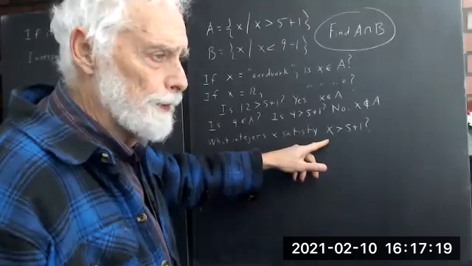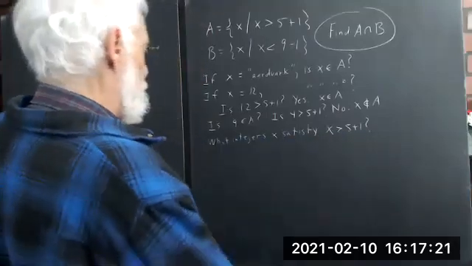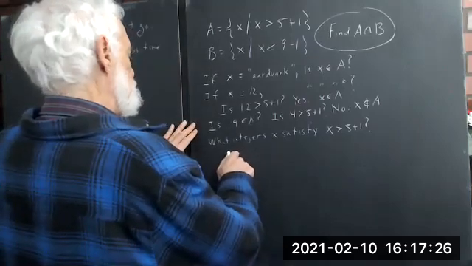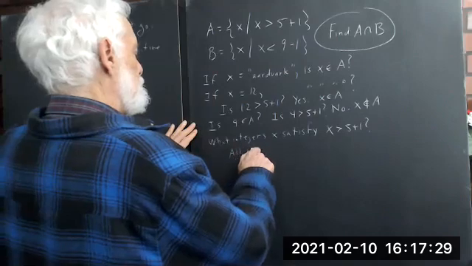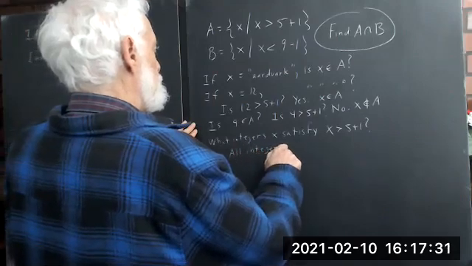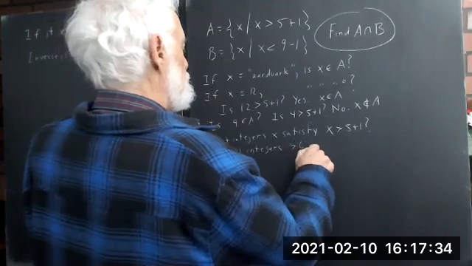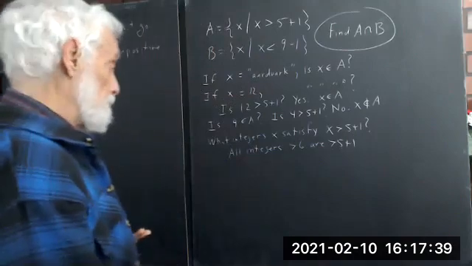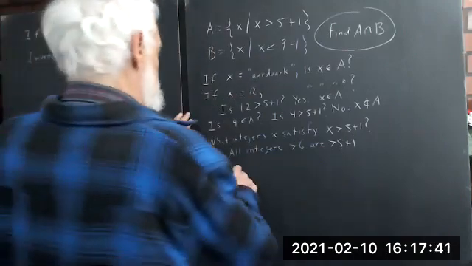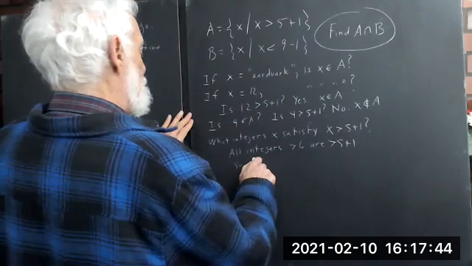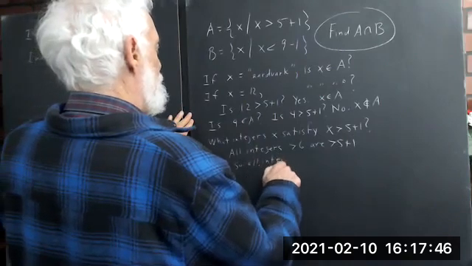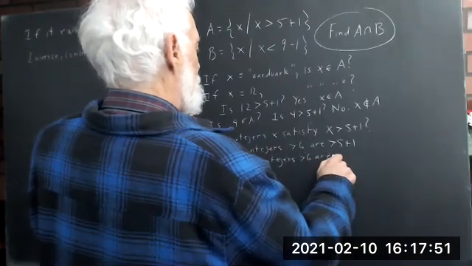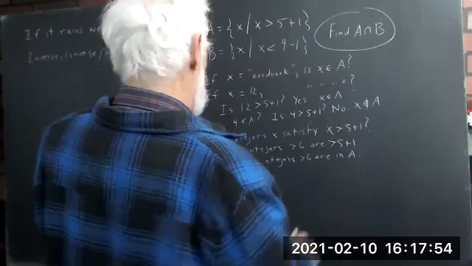But any number greater than 6 is going to be greater than 5 plus 1. So all the integers greater than 6 are in the set A.